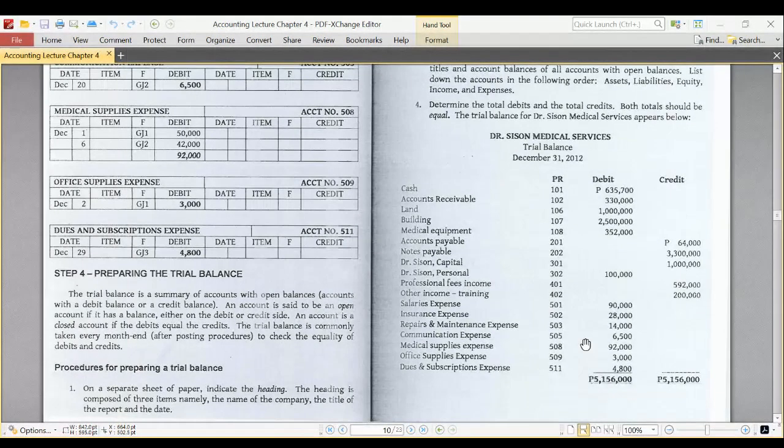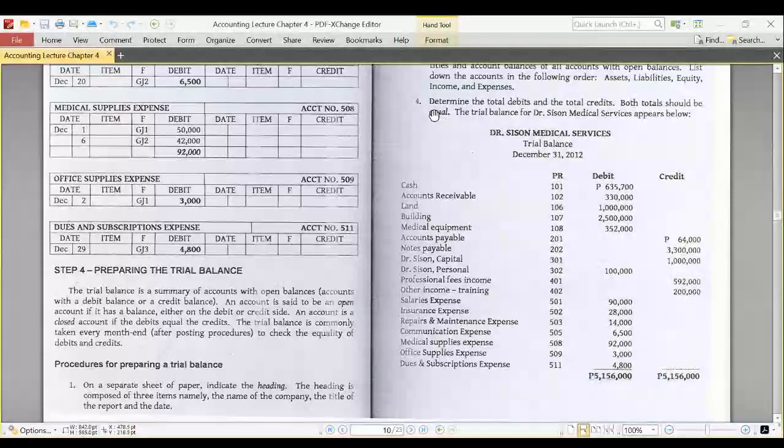Wala na ding balance yung expenses. Saan mapupunta? Yung net income or net loss, mapupunta sa capital dito. Kung net income, mag-i-increase si capital. Kung net loss, mag-decrease si capital. Pero dahil ito yung initial trial balance natin, may balances pa si income and expenses.